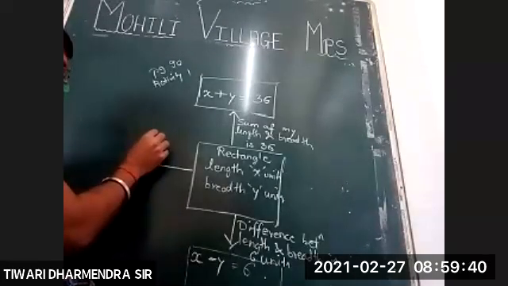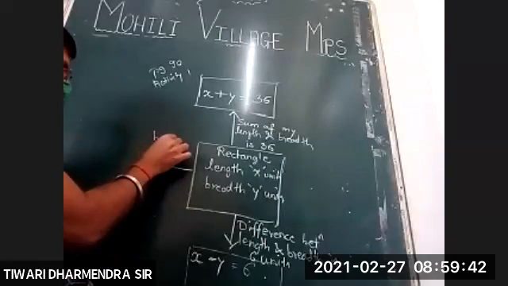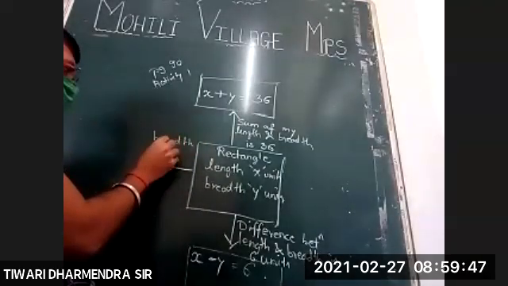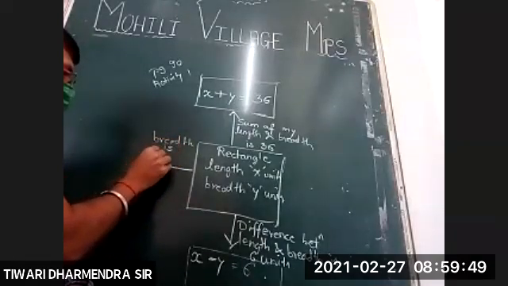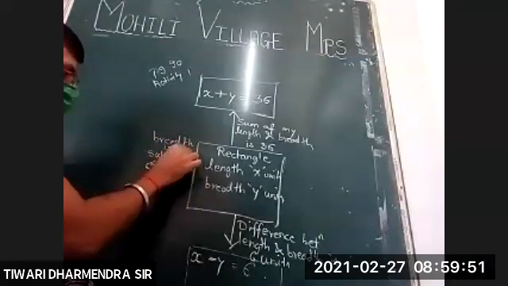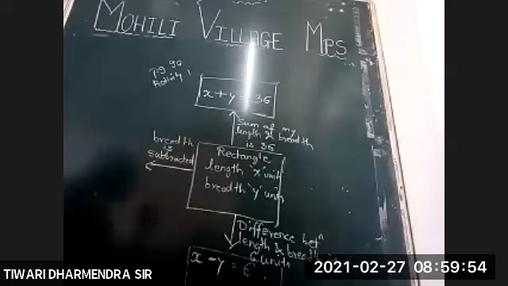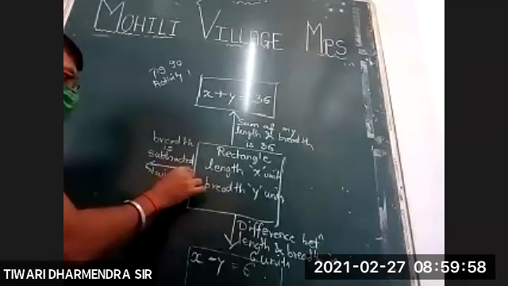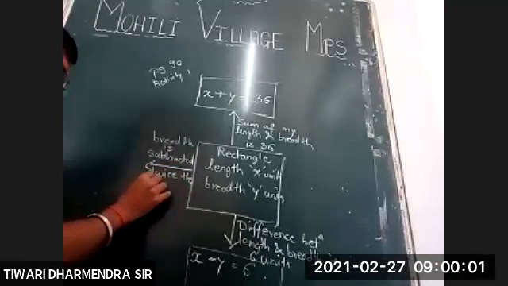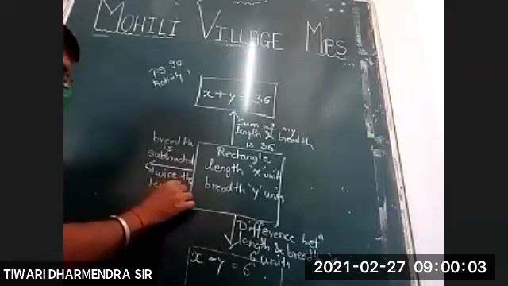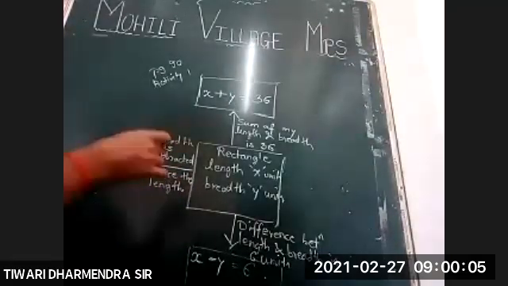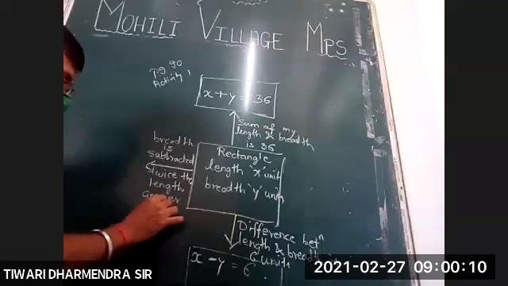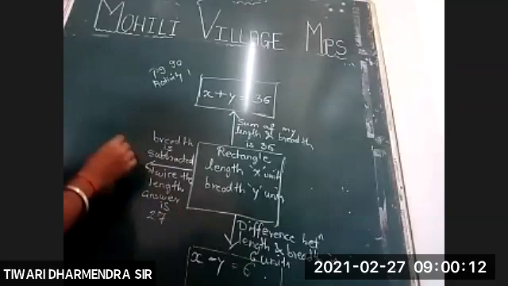The breadth is subtracted from what? Twice the length. The answer is 27.